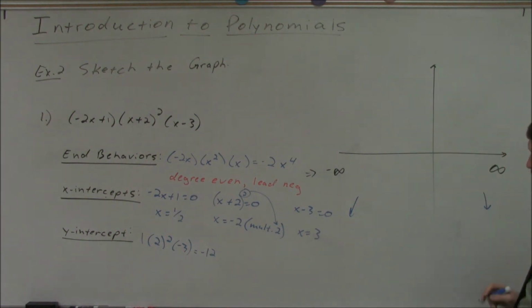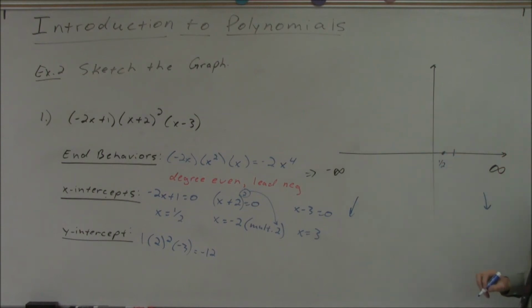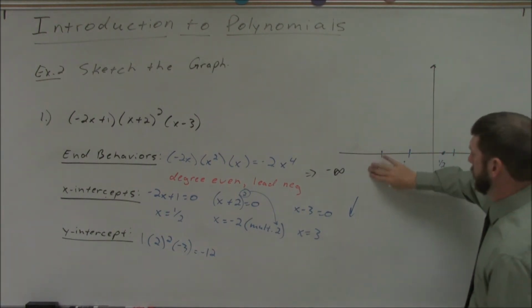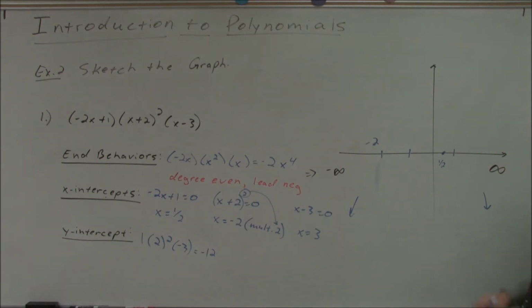So we should end like that. X-intercepts are at a half, negative 2, and at 3.